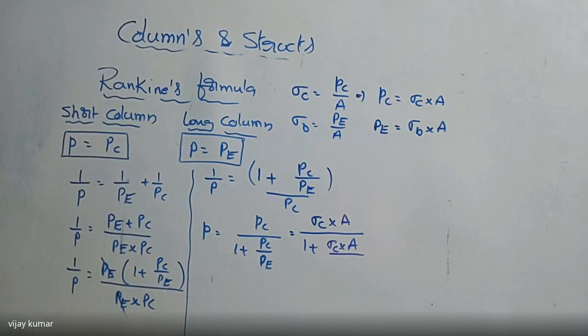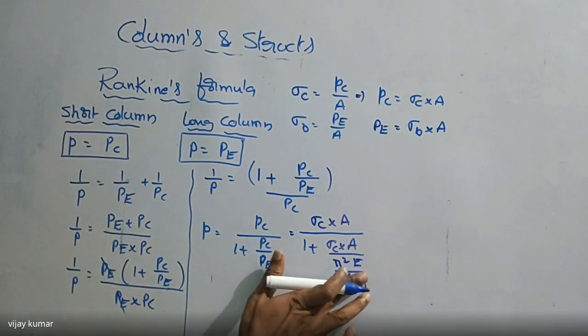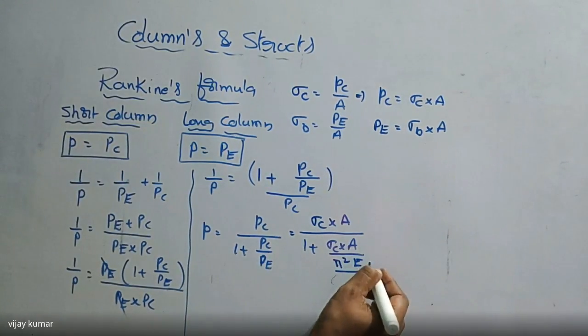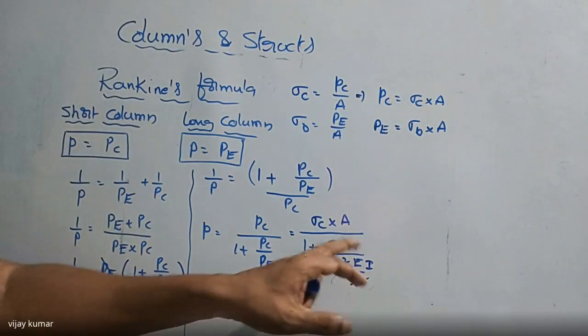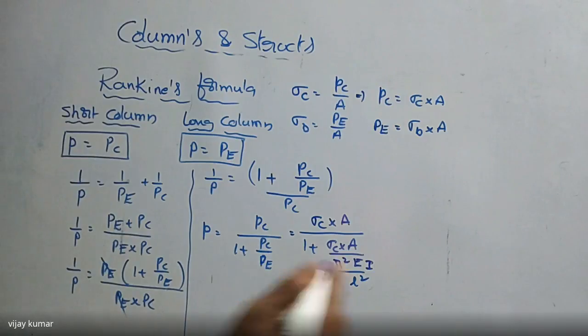Generally I am taking both ends hinged. So it is pi square into E into A divided by (L by K) whole square, or we can write pi square E into I divided by L square. We can write it like this also. Automatically A cancels on both sides. I will show how it is cancelled now.